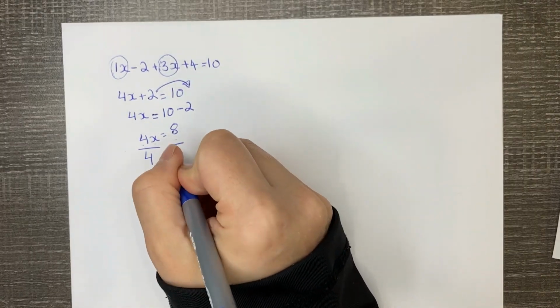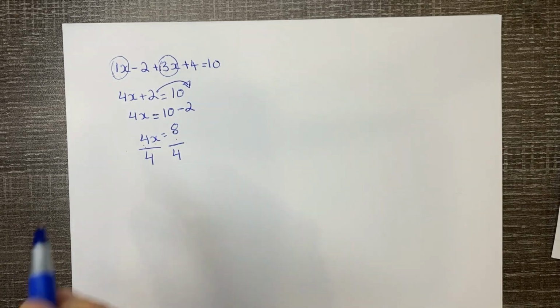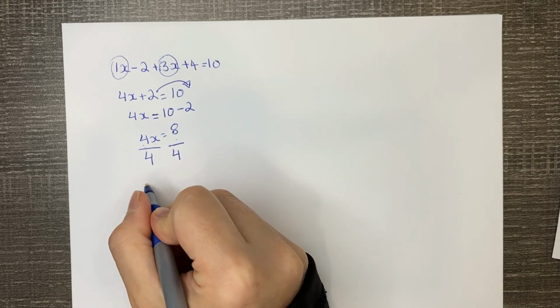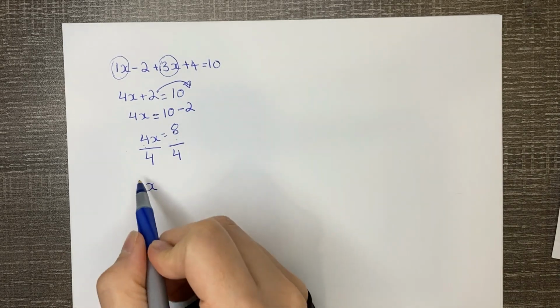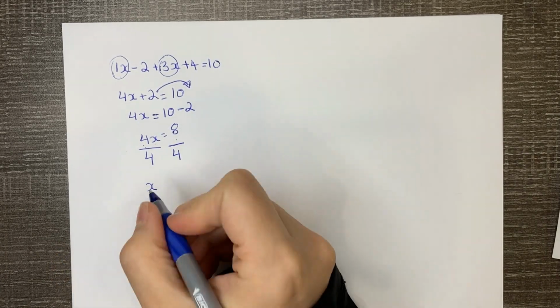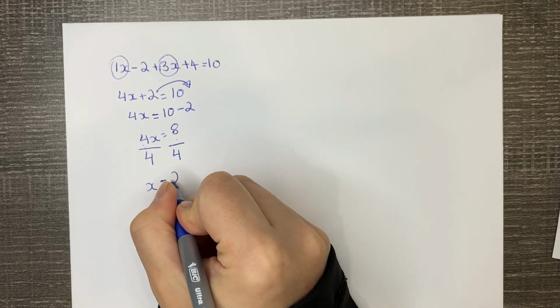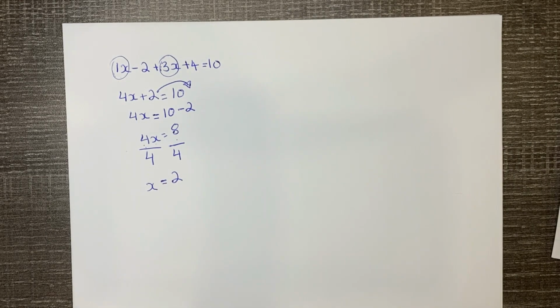And what you do to one side, you must do to the other. So if we're dividing by 4 here, we're going to divide the other side by 4. So now we have x with the invisible 1, right? So 1x is going to equal 2. Sorry, I'm writing a little slanted. x is equal to 2.